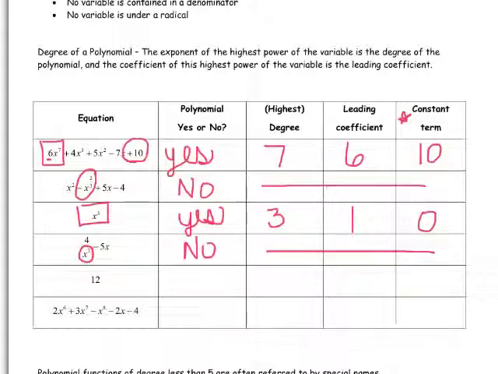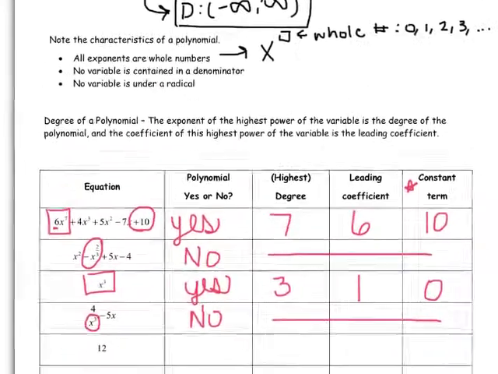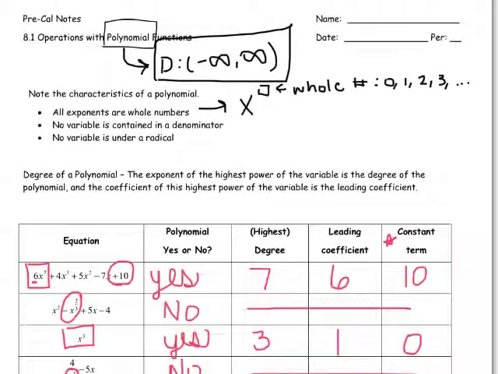This next one, you might be thinking no right now, but it's actually a yes. And the reason has a lot to do with an old property of Algebra 2. Notice that I included the exponent of 0. So if I ask you, what is x to the 0? Anything raised to the 0 power is 1.